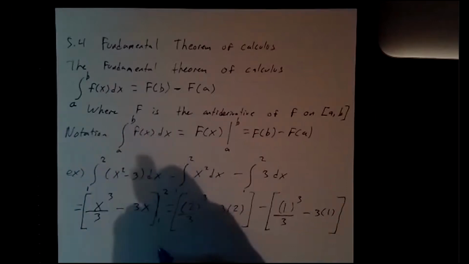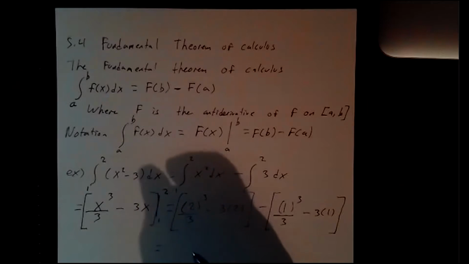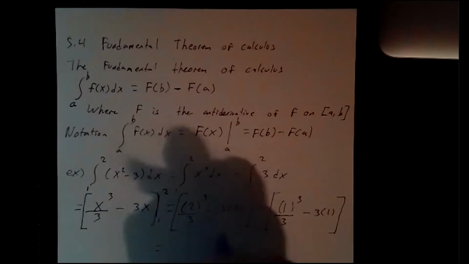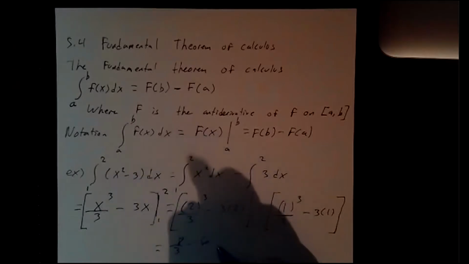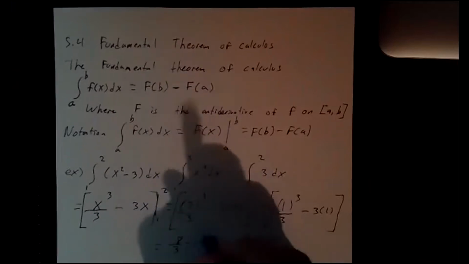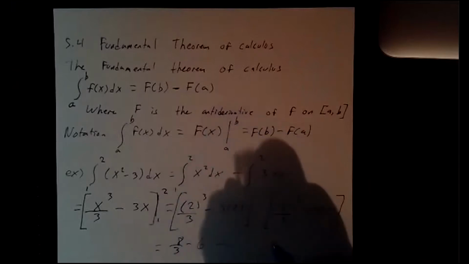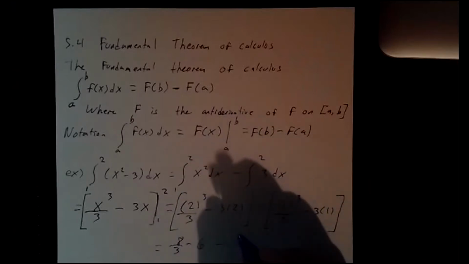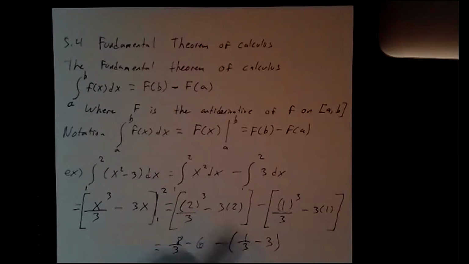So that will be some number that I don't really care about, but let's see what it is. It'll be 2 to the third is 8. So 8/3 minus 6, minus 1/3 minus 3. So negative negative will be plus 3.